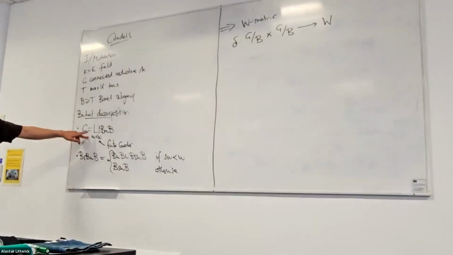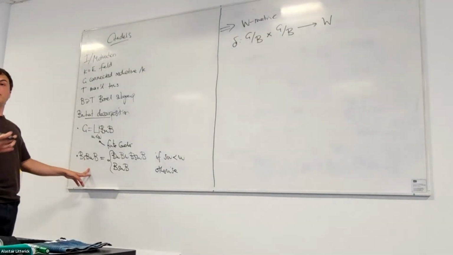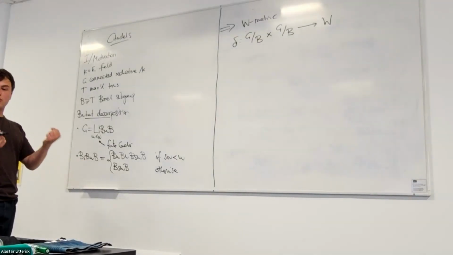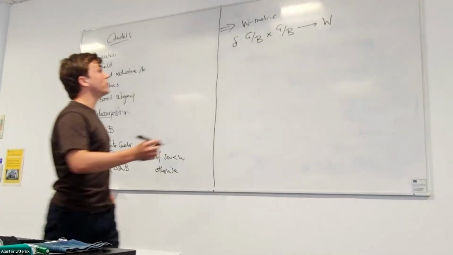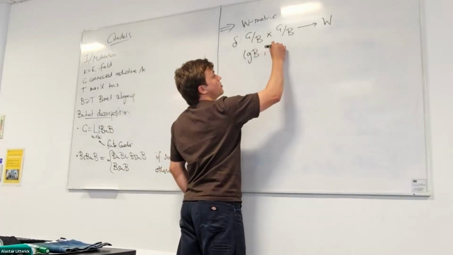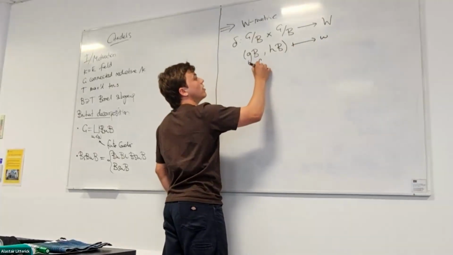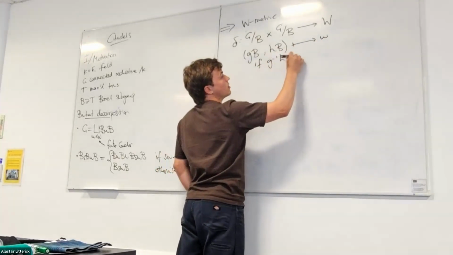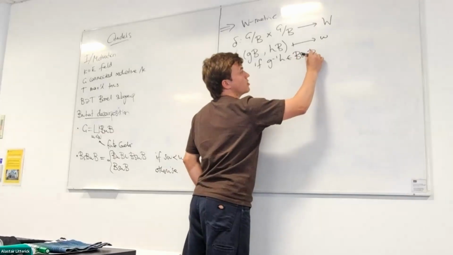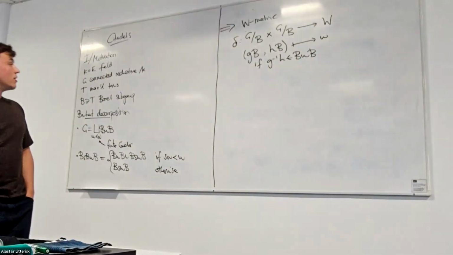The first part of the Bruhat decomposition tells you that this is well defined as a map. And then the second part tells you that it behaves a bit like a metric, so there are triangle inequalities and things like this going on. And so you say that gB and hB are at a distance of W from each other if g inverse h is in this distinct double coset.